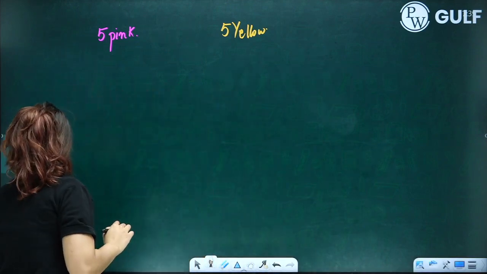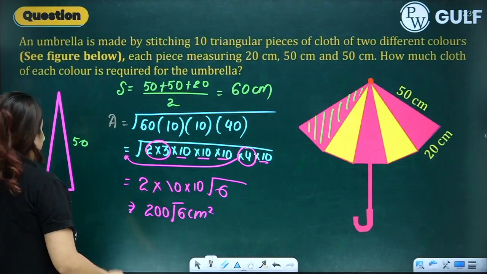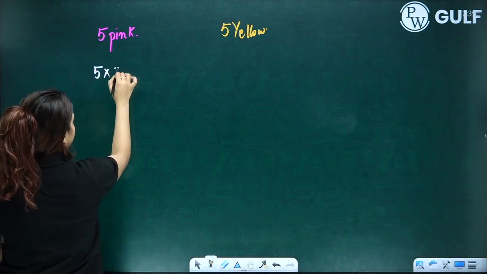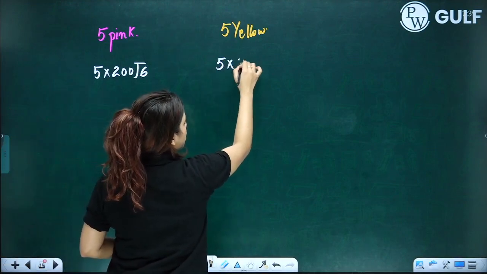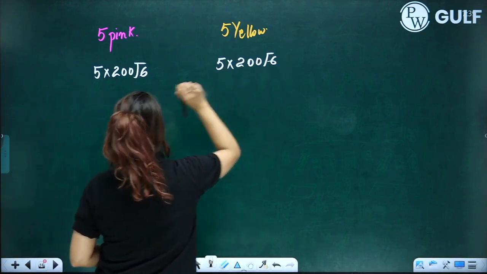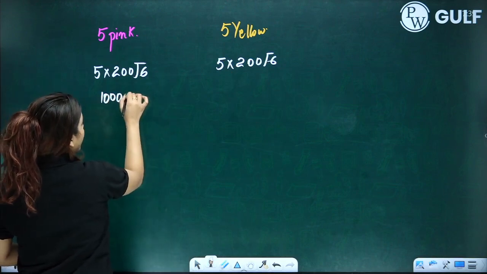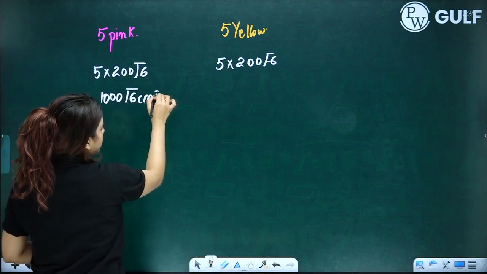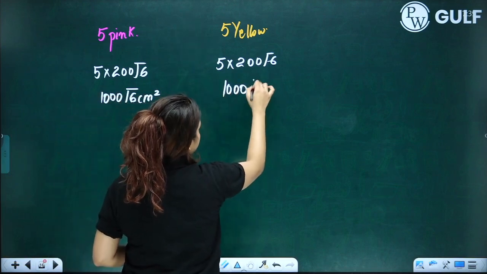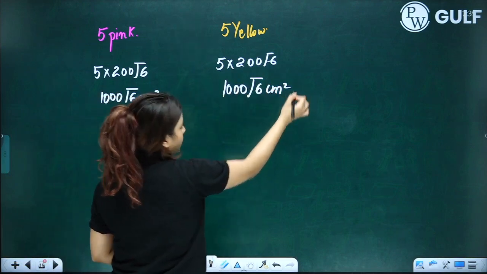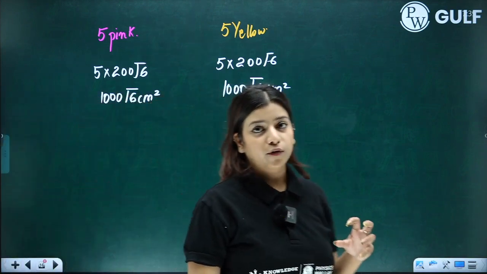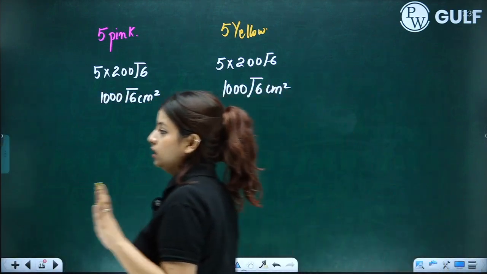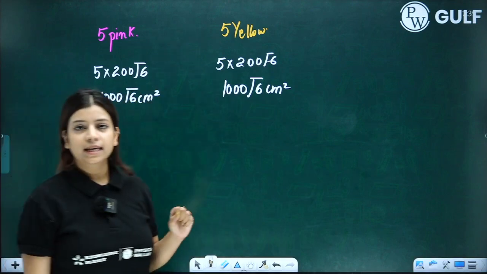So basically if the area of one triangular piece is 200 root 6, then 5 pieces will be 5 into 200 root 6, which equals 1000 root 6 centimeter square, and the same for the yellow pieces. So this is how we are supposed to do it, and we can calculate the area of each of the triangular cloth pieces.